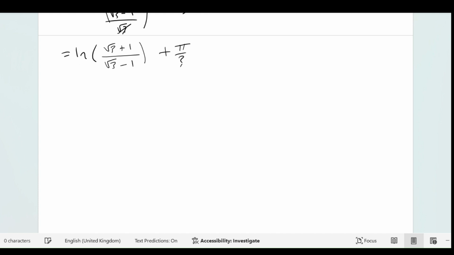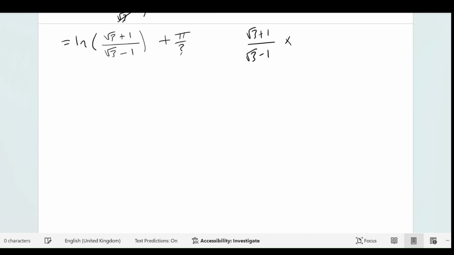And what I can do is write on the side here, root 3 plus 1 over root 3 minus 1. From either GCSE or A levels, you should know how to rationalize the denominator for this. So we do root 3 plus 1 over root 3 plus 1. We multiply both top and bottom by the same thing. That gives us 3 plus 1 plus 2 root 3 on the top, and it gives us 3 minus 1 on the bottom.